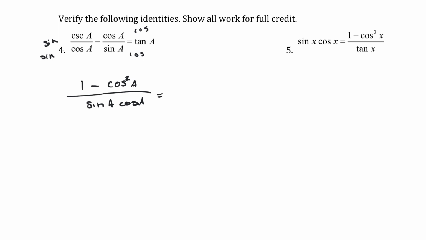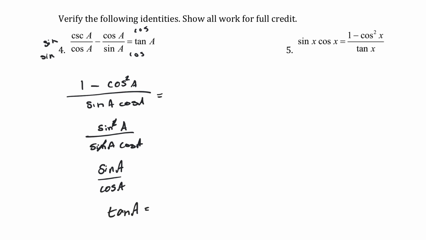What do you think's next? Here's our Pythagorean identity. That's sine squared over sine A cosine A. Obviously, one of the sines will cancel out here, leaving me with just sine over cosine, and that becomes tangent. Right?